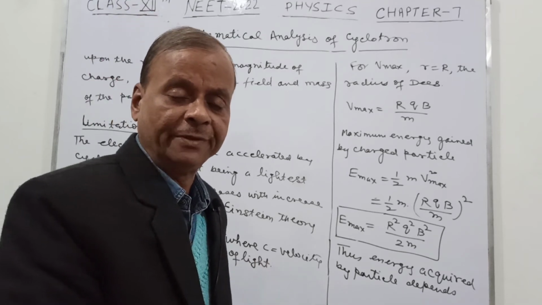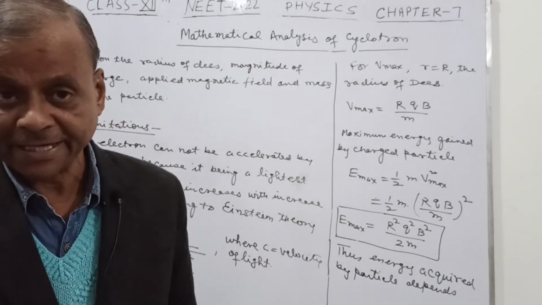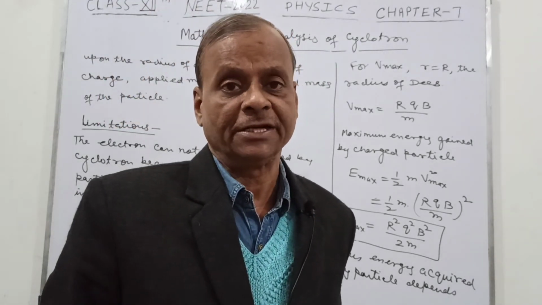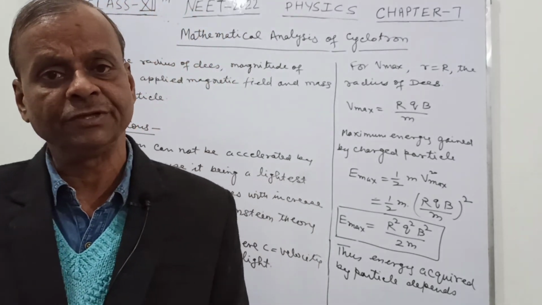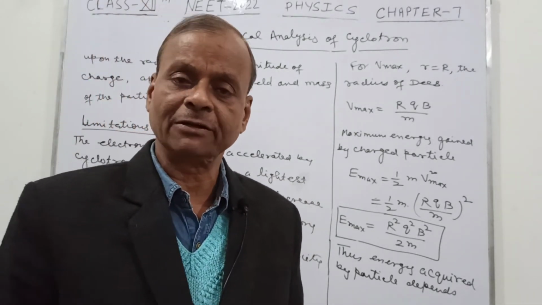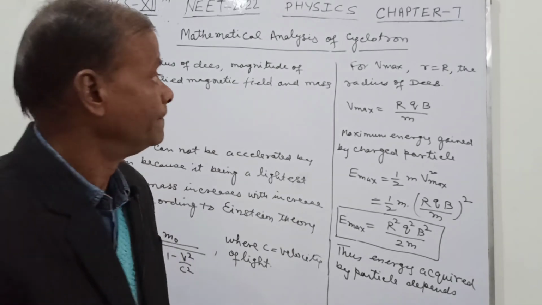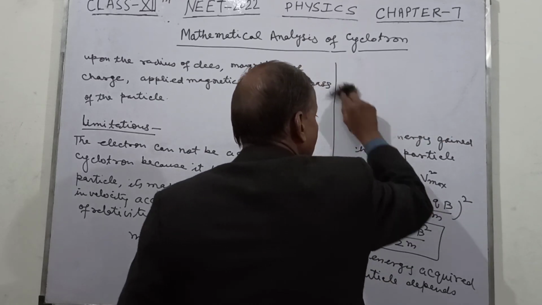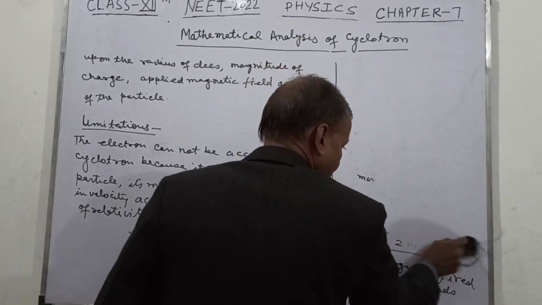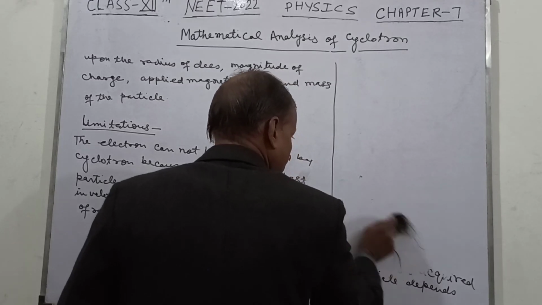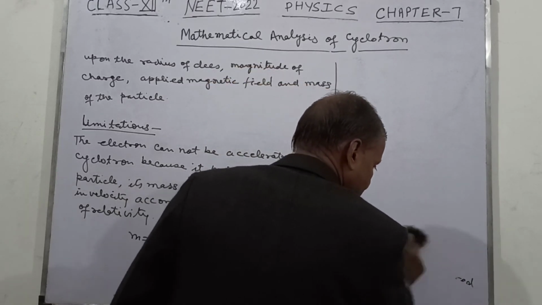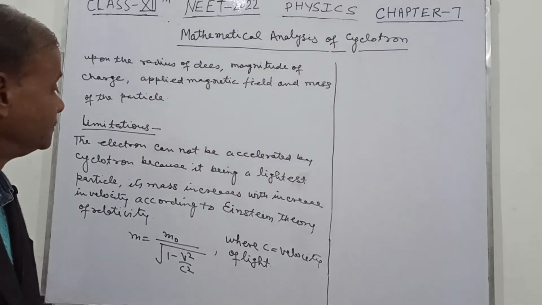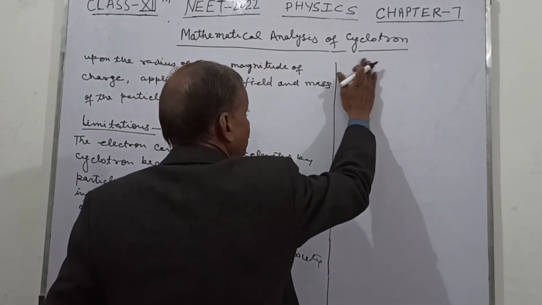And now I will tell you the uses of cyclotron. Because the particle is accelerated, the artificial radioactivity and transmutation can be done with the help of this cyclotron. Now, uses.